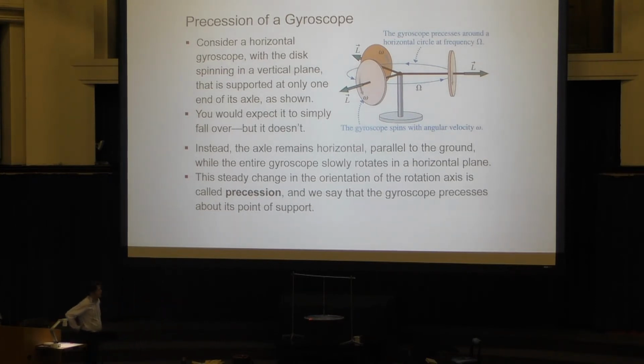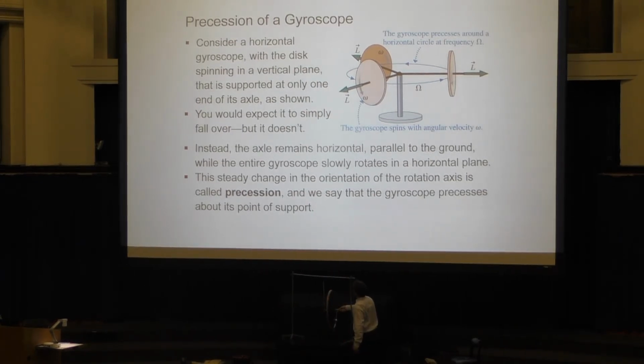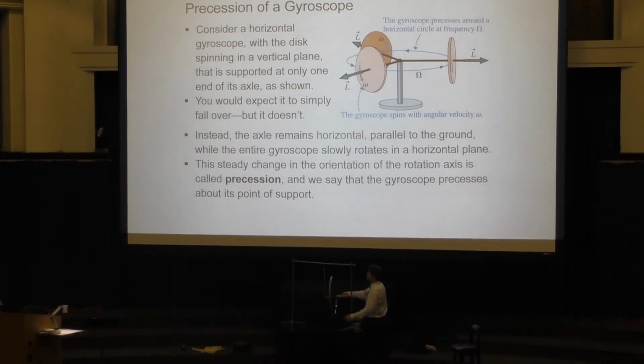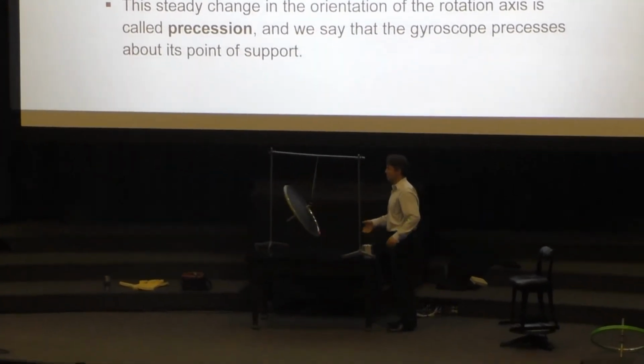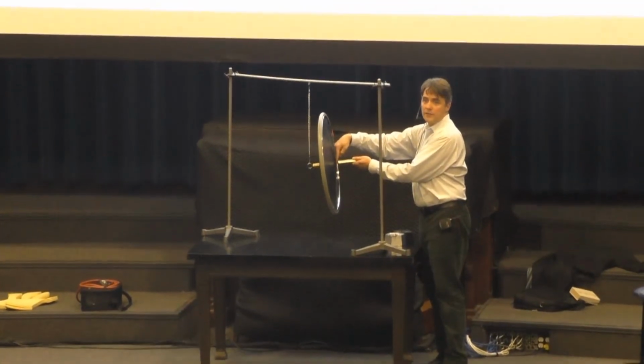So, the idea is that you have a spinning disk, and the disk is spinning in a vertical plane. If this was tilted up, it's spinning something like that. And it's supported only at one end of its axle, as shown. If it wasn't spinning and you let it drop, boom, it does just fall. Gravity exerts a torque on the center of mass.